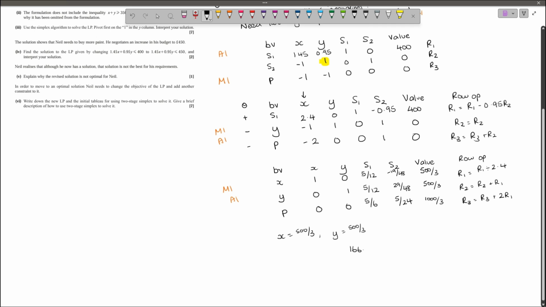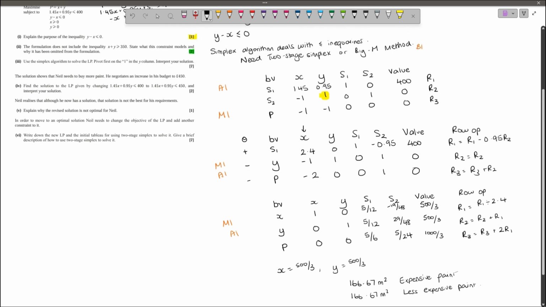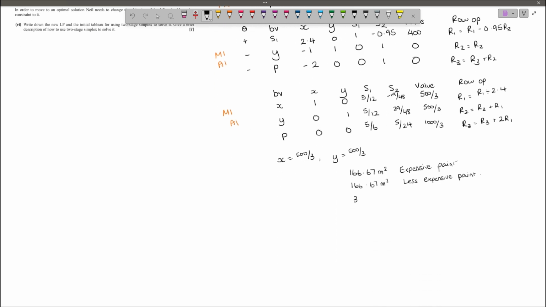So 166.67 square meters using expensive paint and 166.67 square meters using the less expensive paint. But this only gives us 333.33 square meters of coverage. And writing that information down would have been a final independent accuracy mark.